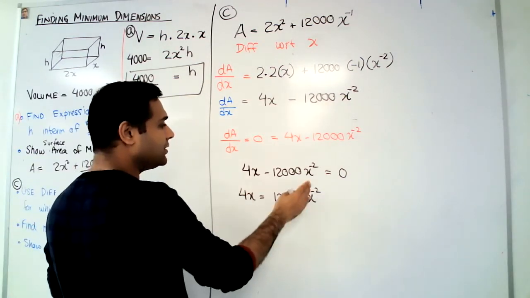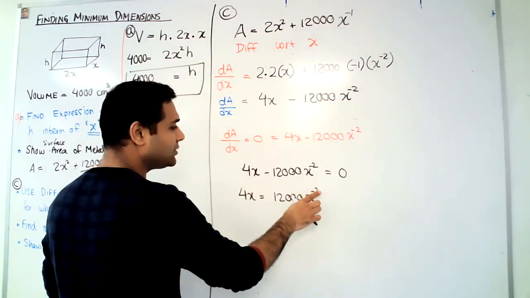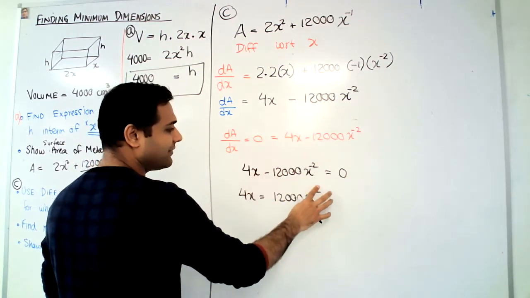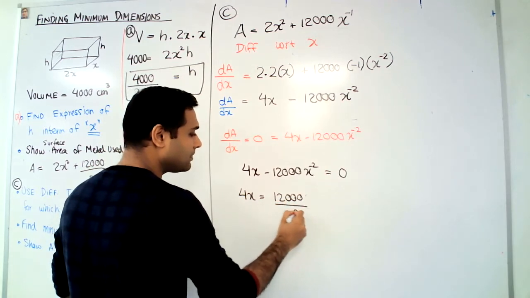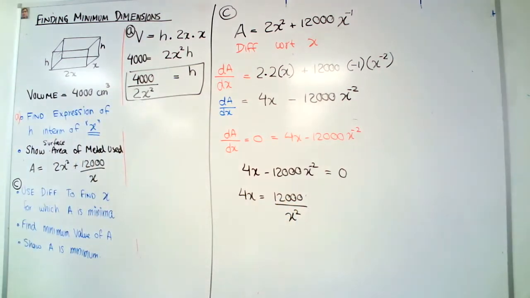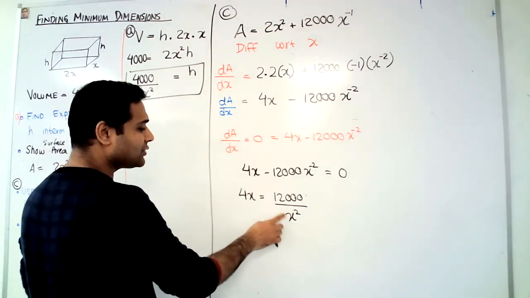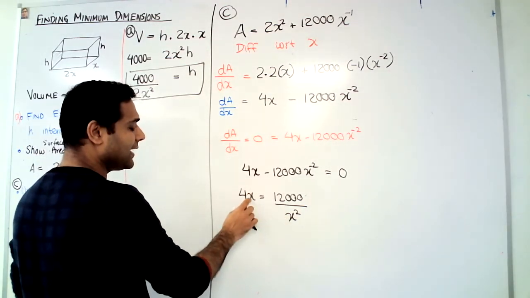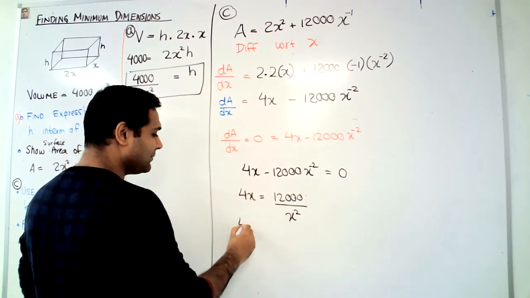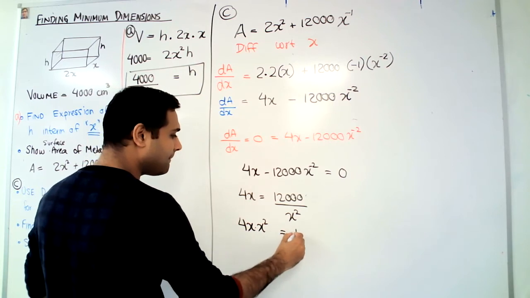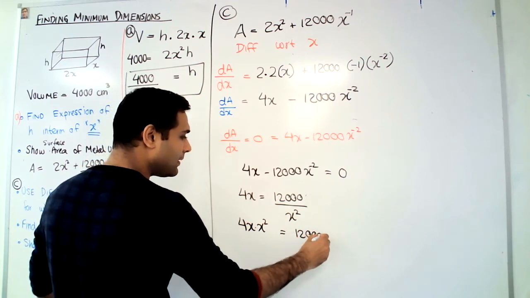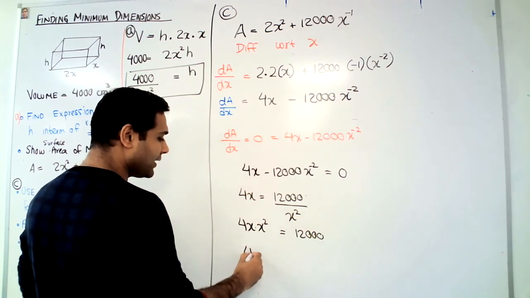Now x to the minus 2 is negative, it becomes positive when moved. x to the minus 2 can also be written as 1 over x squared because of the law of indices. Now I can move this x squared to this side. So that becomes 4x times x squared, and x times x squared becomes 4x cubed.